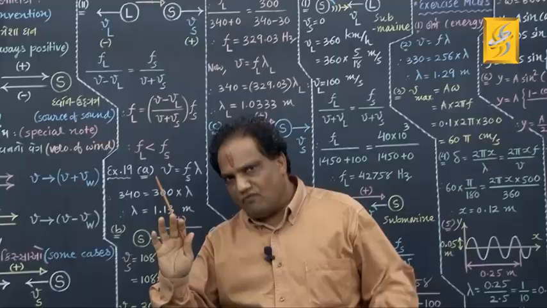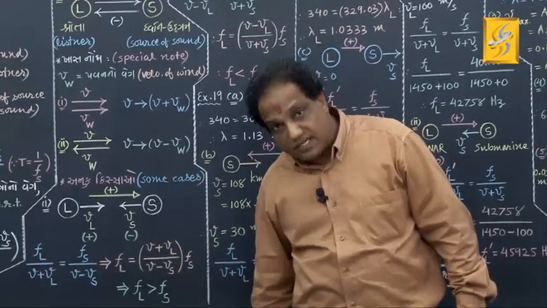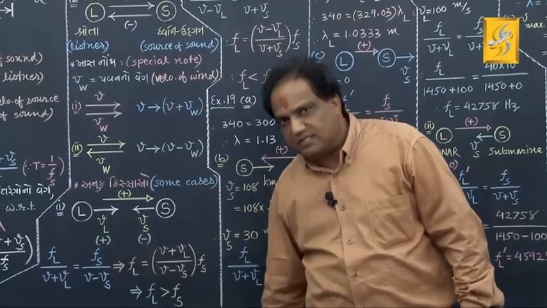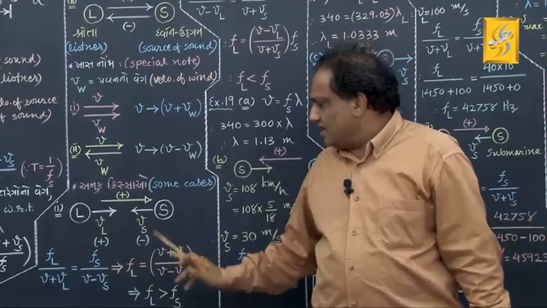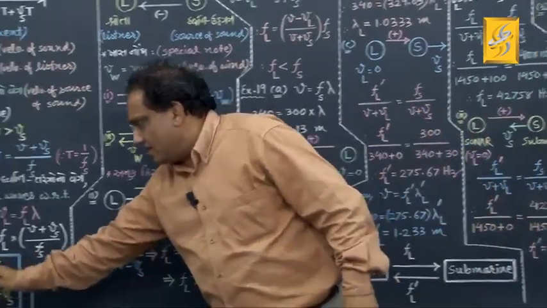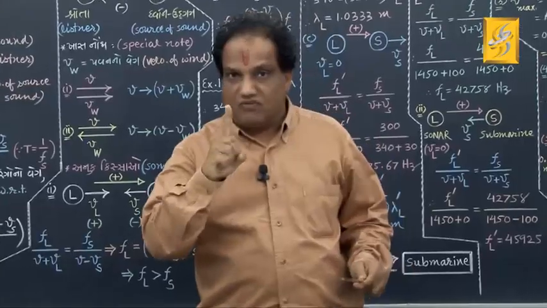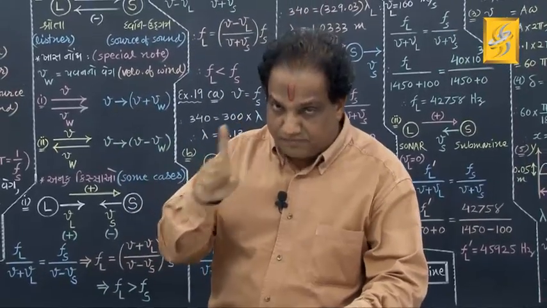Now, for the remaining 4 possibilities, either of these two is at rest. If the listener is at rest, you can take VL equal to 0. If the source is at rest, you can take Vs equal to 0 in this formula. Correct? Come on, let us repeat the definition of Doppler's effect for the last time now.